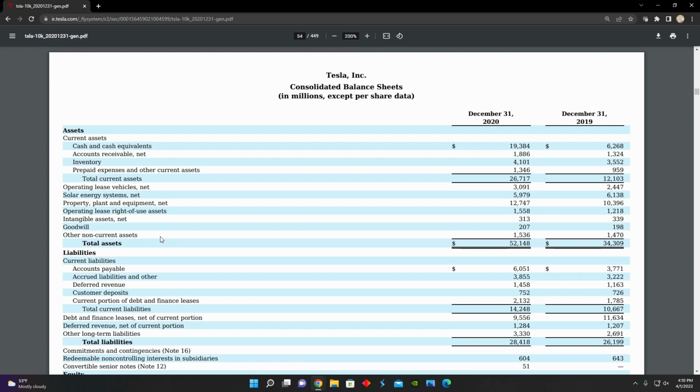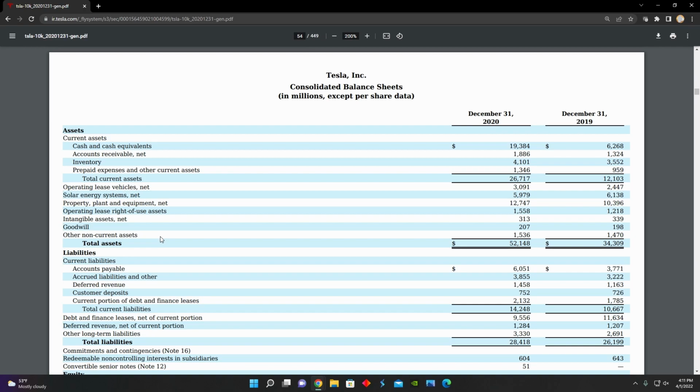And then right here we have other non-current assets, and this is just all of the other long-term investments that are recorded on the balance sheet that are not really expected to be converted into cash within the next 12-month operating period. They're expected to be converted into cash later on past that point.